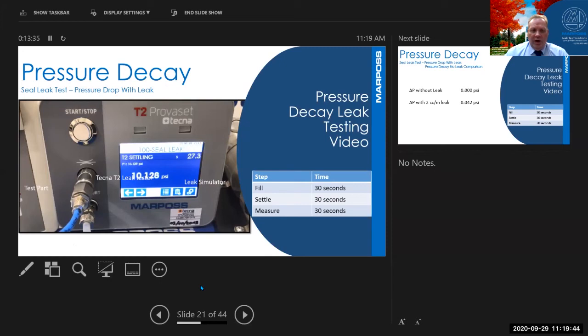There we go. This is the one with the leak in it. Now what you're starting to see is a little bit of pressure drop, okay? And this is kind of what you'll see, but right now, is it adiabatic or is it caused by the actual leak, okay?